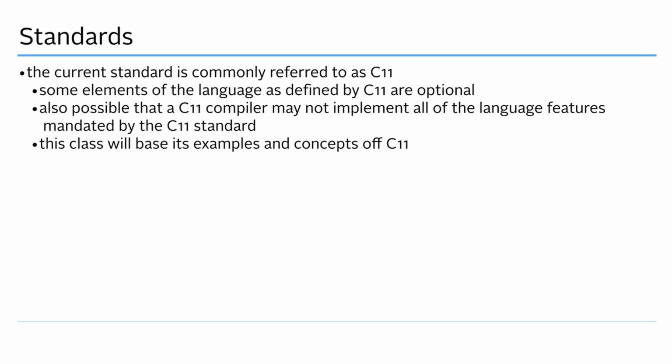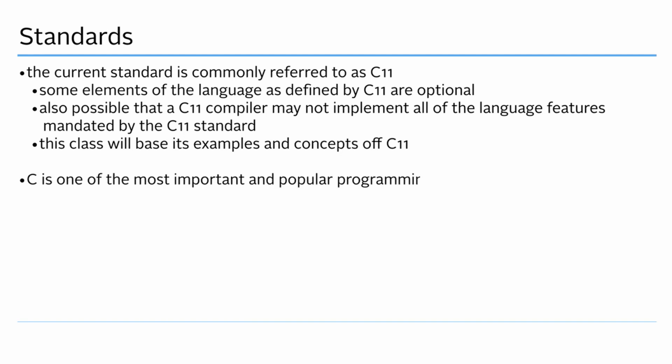We'll talk about all three standards, but we'll focus on C99. The C11 compiler may not implement all the language features mandated by the standard. That happens sometimes. But we'll base our examples and concepts on all three standards, focusing on newer concepts in C11, but mainly C99, which covers the basic concepts.